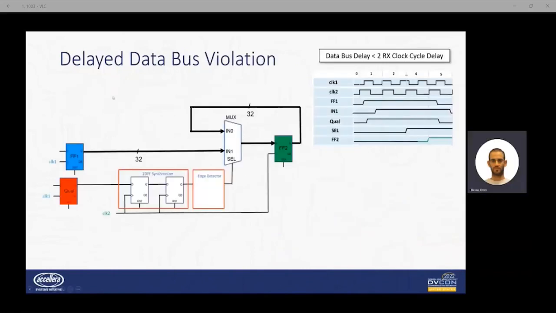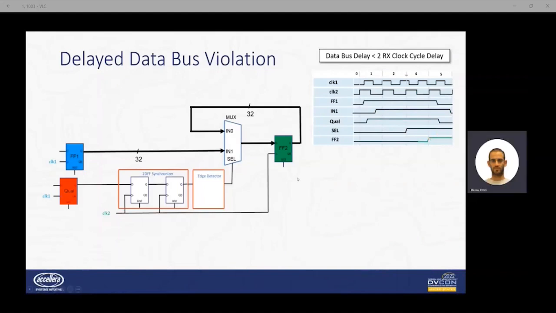The first bug here is the delayed data bus bit. You can see here that when the data arrived in time, the qualifier is sent. Generally, we send the data, and then it takes some time for the data to get into E1, since this path might be long. The qualifier is also sent. After a few cycles, it got synced, and we sample the correct data.